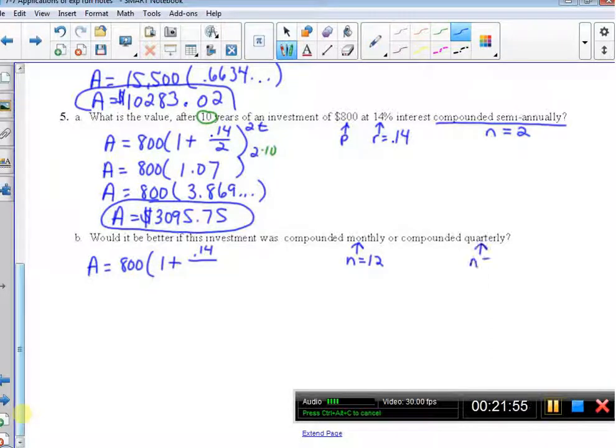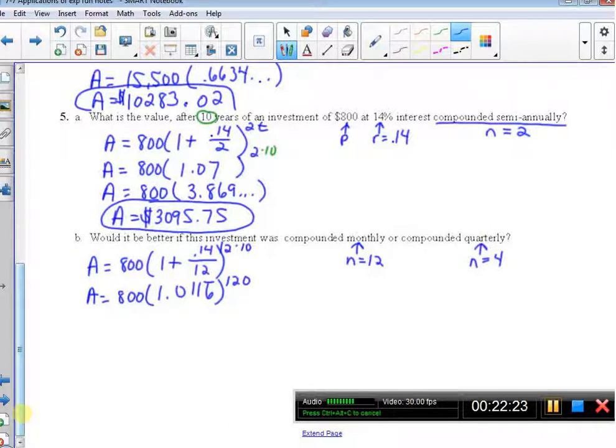Quarterly would be N is 4. So divided by 12. Let's do 10 years. So now this one was the one I had. This is a 1.0116 repeating to the 12 times 10, which would be 120.